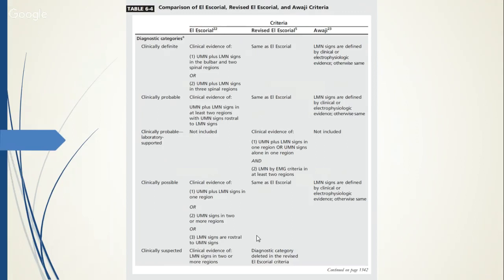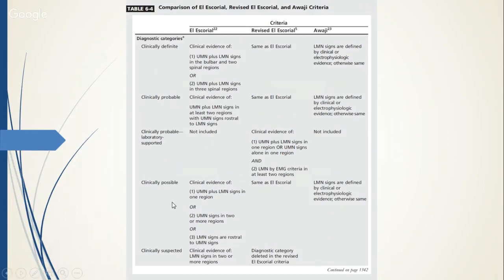Mainly there is the El Escorial criteria in its revised version, as well as the Awaji. The Awaji is mostly looking at the electrophysiological evidence, while El Escorial is mostly looking at the clinical part, where they assess clinical probability: if you have upper motor plus lower motor neuron and bulbar signs in two spinal regions, or an upper and lower motor neuron in at least 3 spinal regions. That's why when examining the patient, you have to look at 3 regions: cervical, thoracic, and lumbar.